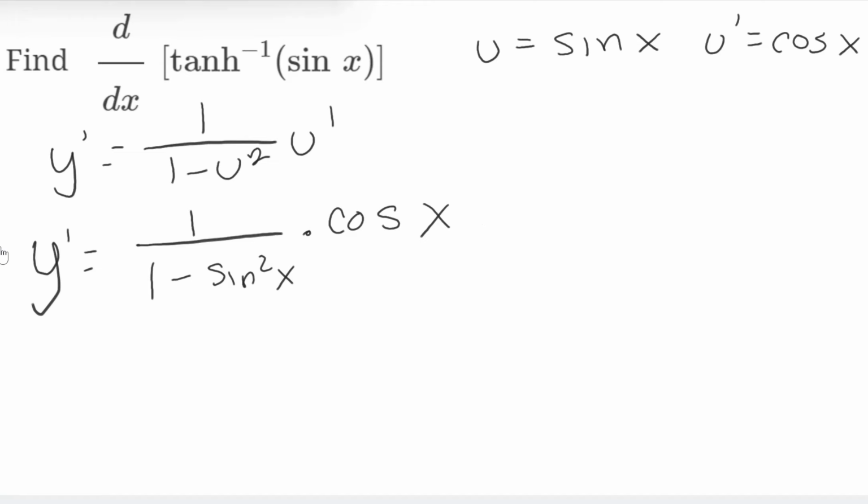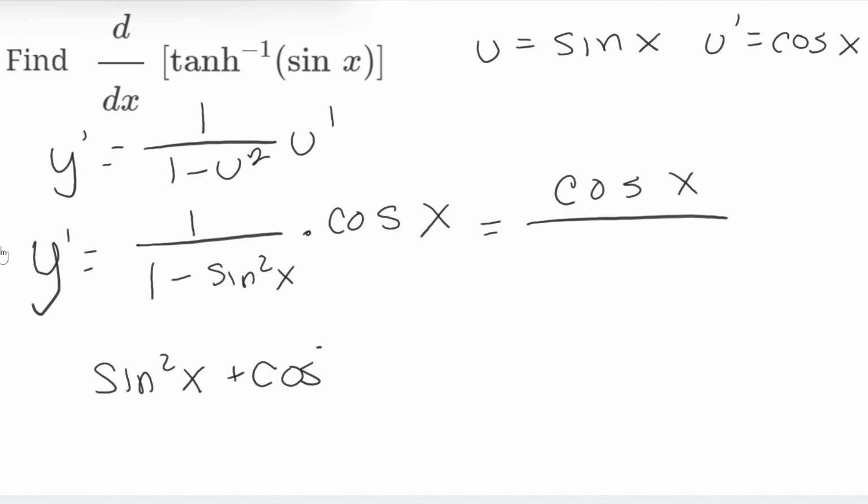All right. So what's 1 minus sine squared x? This is where we would have to use some of those trig identities. We know this is true: cosine squared x equals 1 minus sine squared x, right?